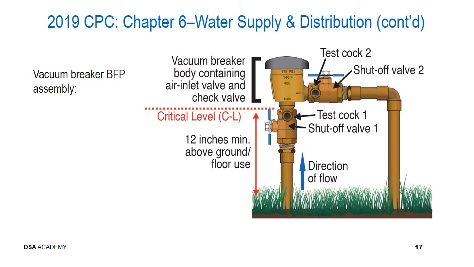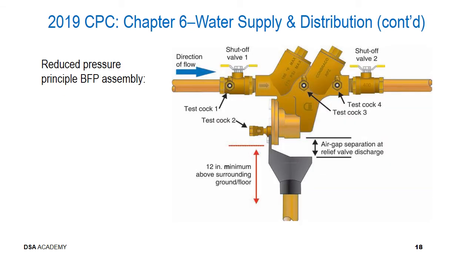This image shows a typical illustration of a vacuum breaker backflow preventer assembly. This particular image shows a reduced pressure principle backflow prevention assembly, and these are required on water supply lines that carry water in excess of 120 degrees or steam.